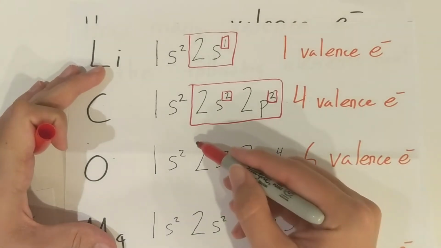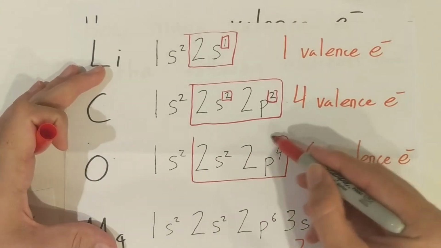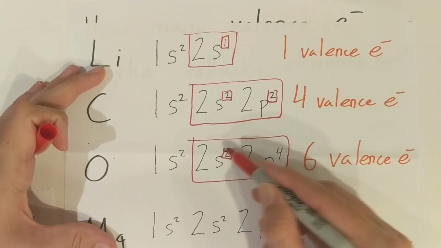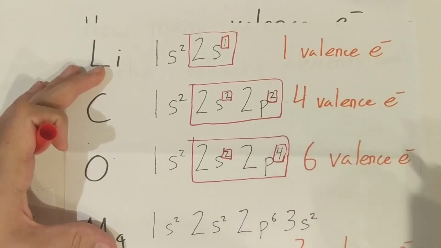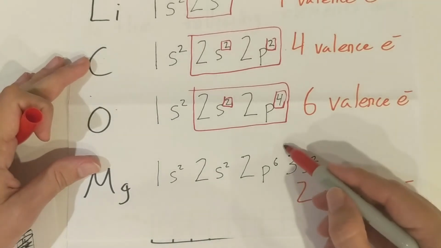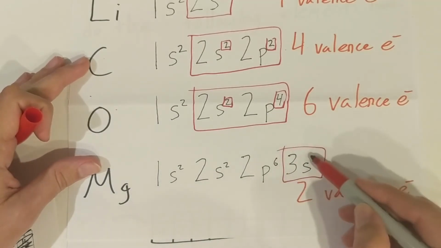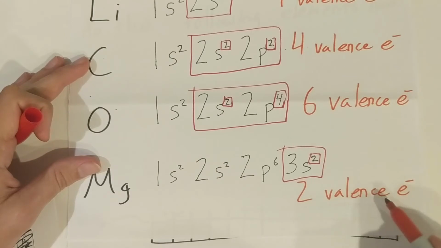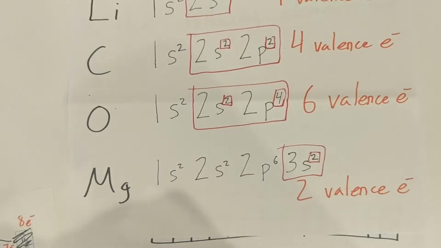For oxygen, we got our outer energy level, 2 and 4, giving us 6 valence electrons. And take a look at magnesium, outer energy level 3, and we got 2 valence electrons. So you can see how this is all starting to work together.